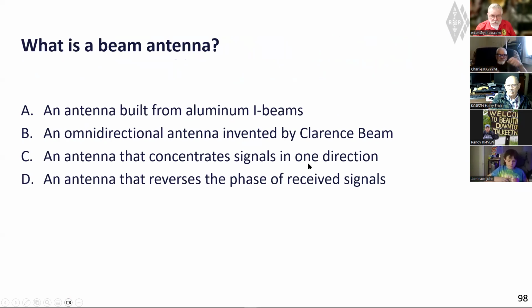What is a beam antenna? C, an antenna that concentrates signals in one direction.